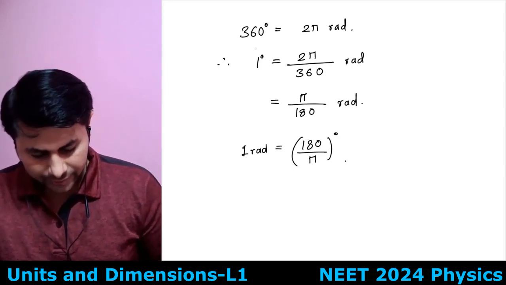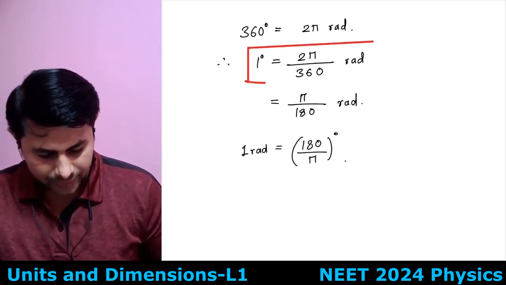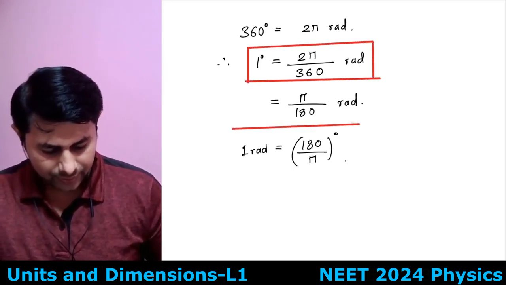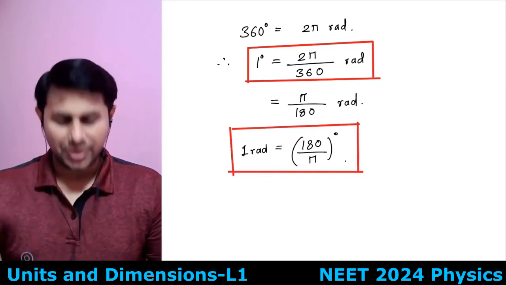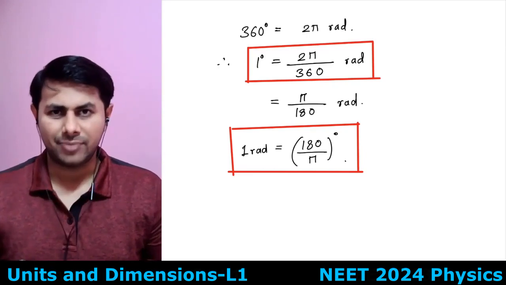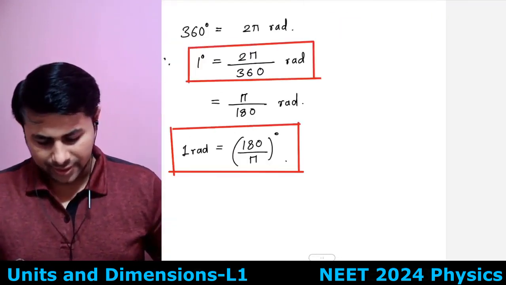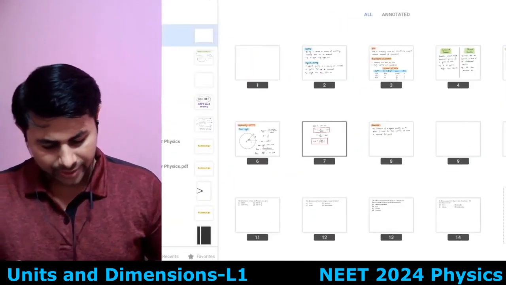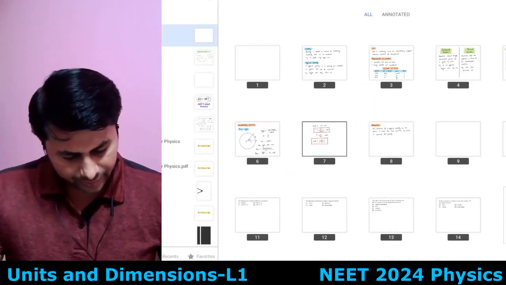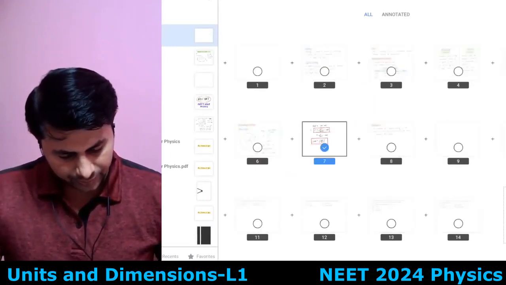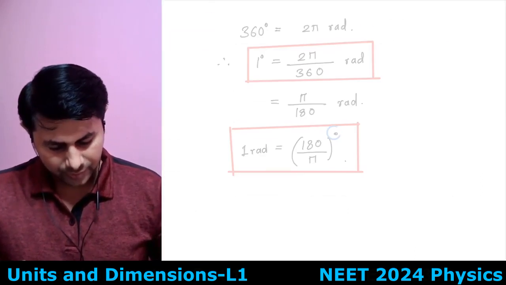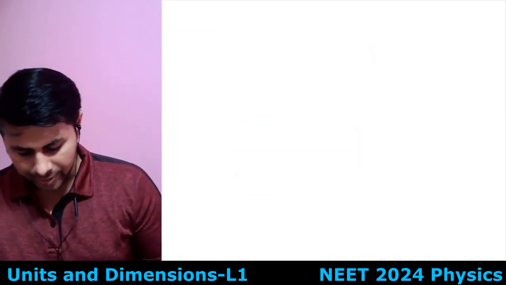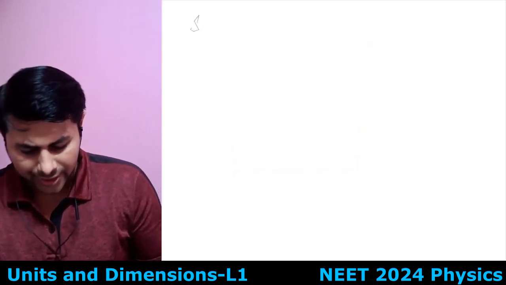This is clear? Yes, sir. So this is one supplementary quantity, the plane angle. And there is another one. Let me add a page over here. The other supplementary quantity is known as solid angle.